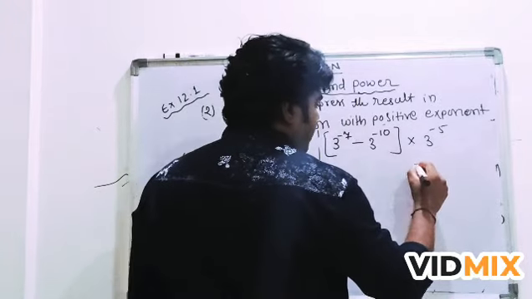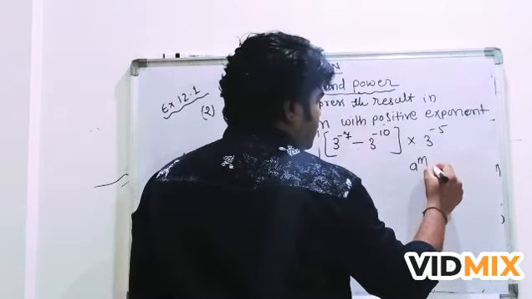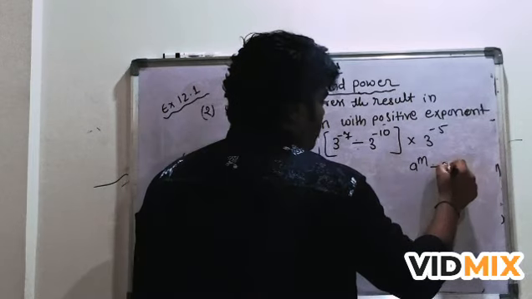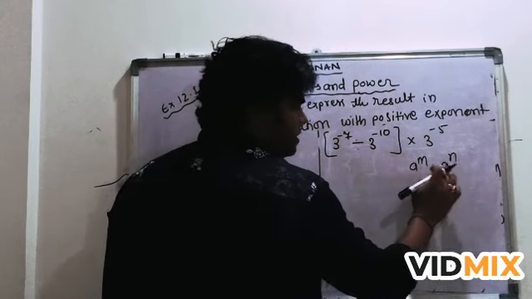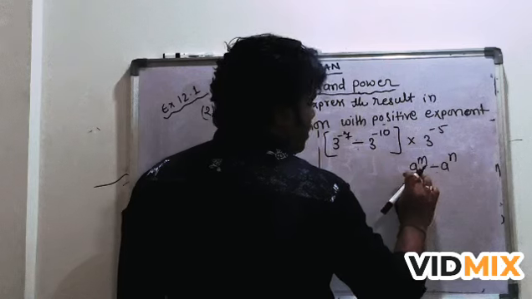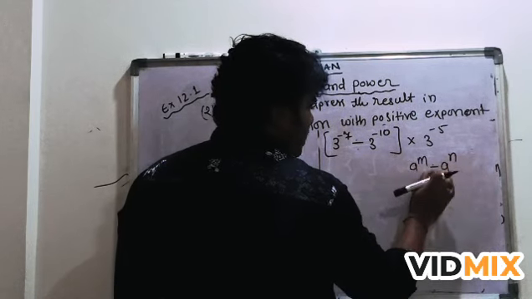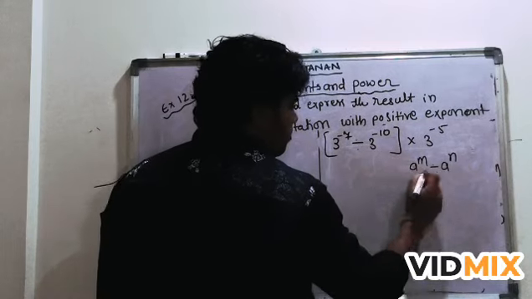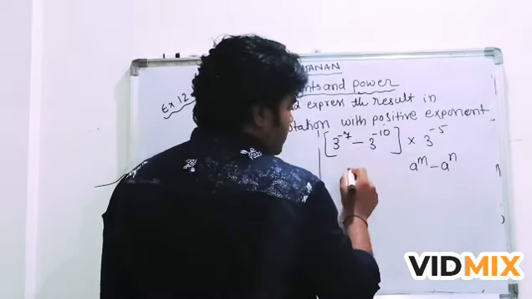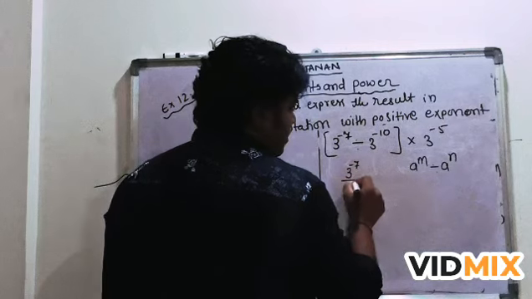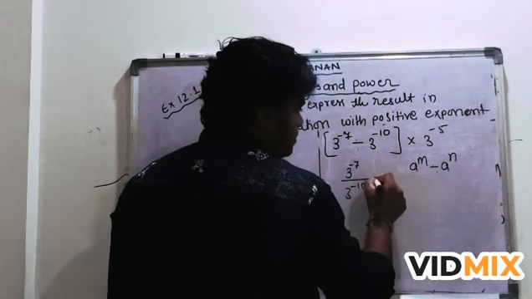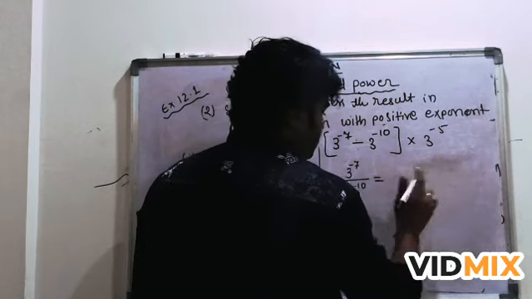So the identity a to the power m divided by a to the power n. The bases are the same, so this becomes a to the power m divided by a to the power n.